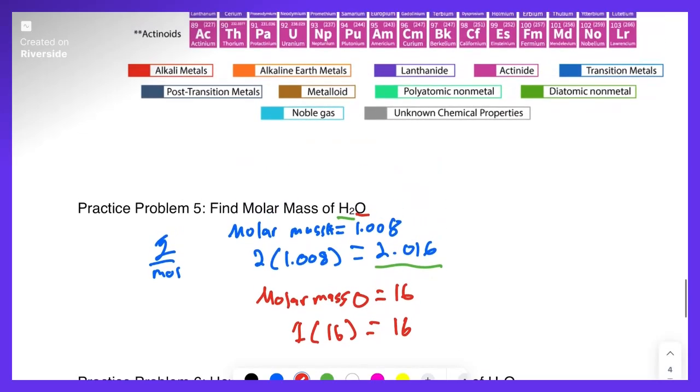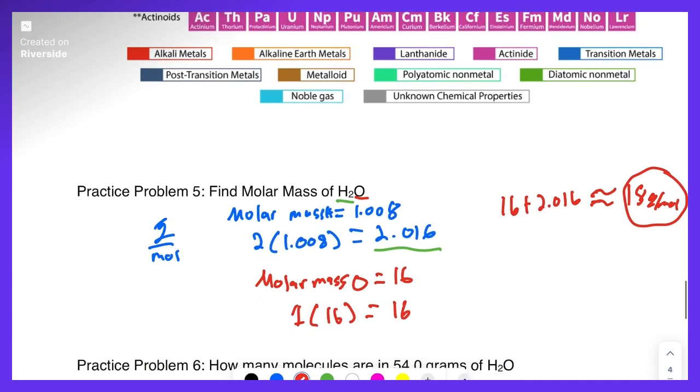So now that we have the molar mass of H2 and O individually, to find the molar mass of them combined, all we have to do is just add them. And that's going to be equal to 18 grams per mole. So that's how you find the molar mass of an element and a compound.